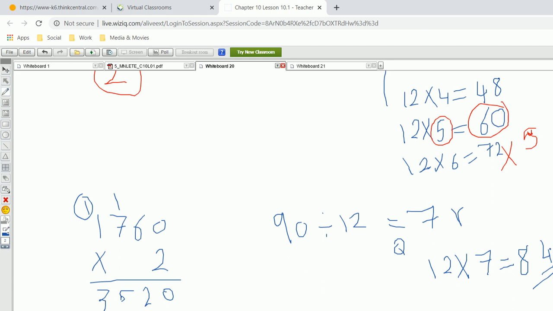What is the remainder here? To get the remainder, subtract 84 from 90. 84 subtracted from 90. Okay, 0 minus 4 can't be, so it will be here 8, and this becomes 10.